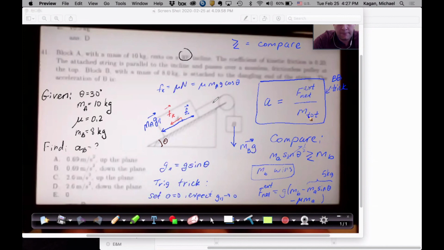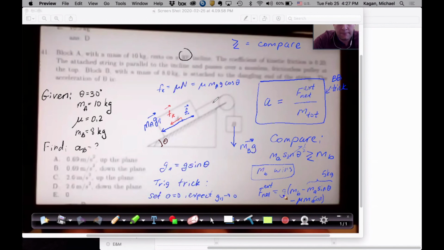Okay? Oh, yeah, right. Cos theta, thank you. So please incorporate that. So you subtract a little bit less, so you have a little bit more than 1 kilogram inside. So the force is a little bit more than 10.